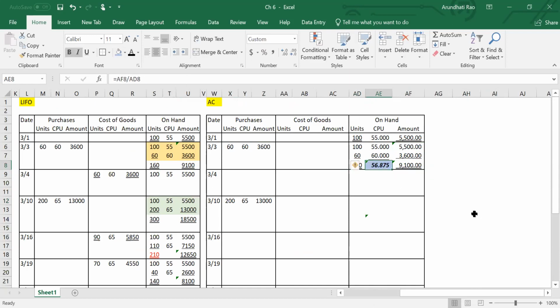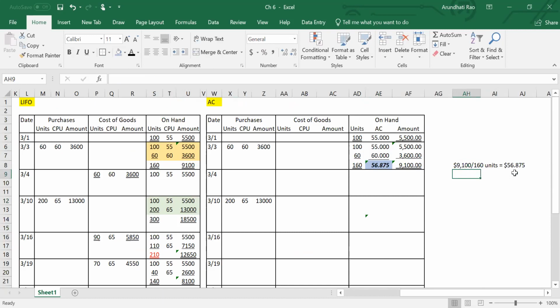I calculate the average cost as, and I'm going to change this to average cost. Average cost is calculated as $9,100 divided by 160 units gives you $56.857.